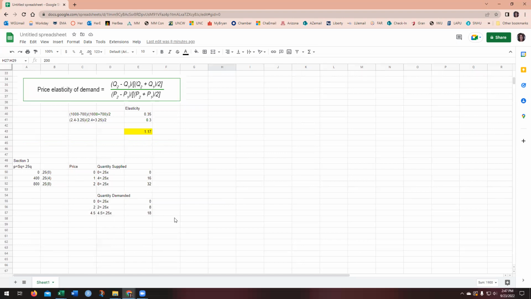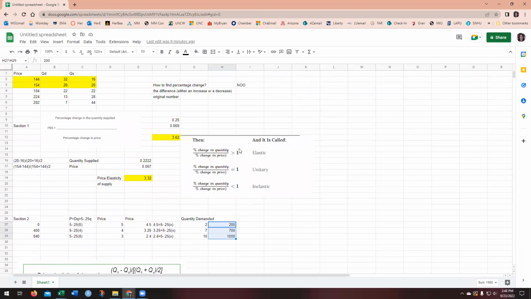And then once again, it asks you to calculate that elasticity. Just like before, pick a number that you want to use. You could do the whole thing. Some people will go, well, I'm going to go from $0 to $4.50. That's perfectly acceptable too. And so figure out what your elasticity means, and then you'll use this scale to determine whether it's elastic or not.